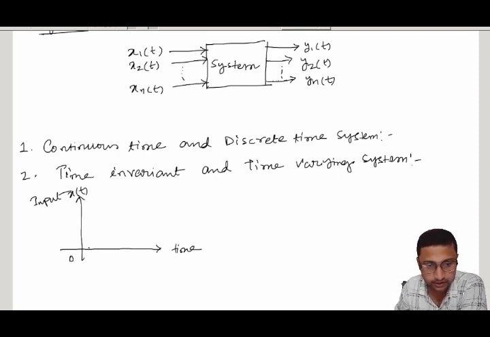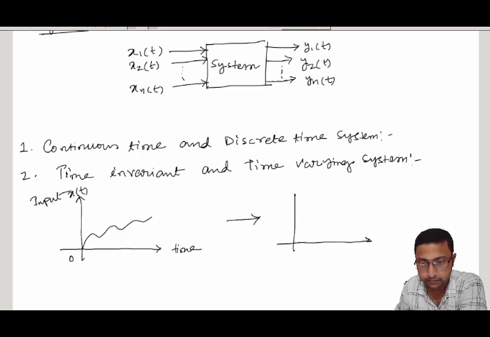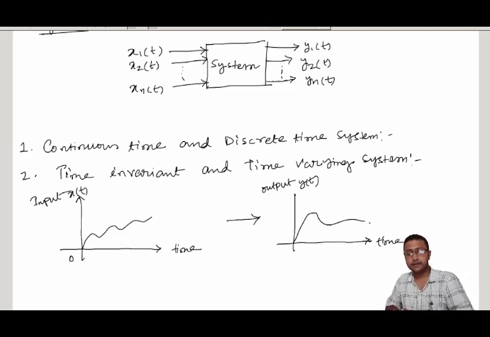If we draw the input signal like this, the corresponding output signal, on a similar time axis and output axis, will be like that. That means the output of the system does not depend on the time of the input. So this is called a time invariant system.